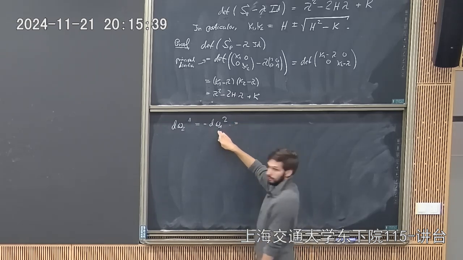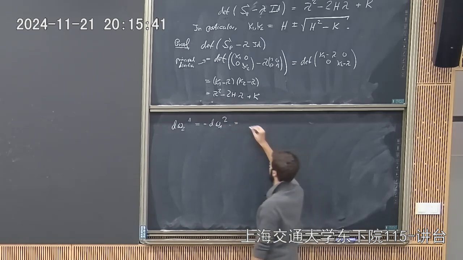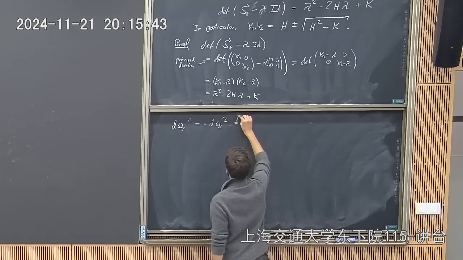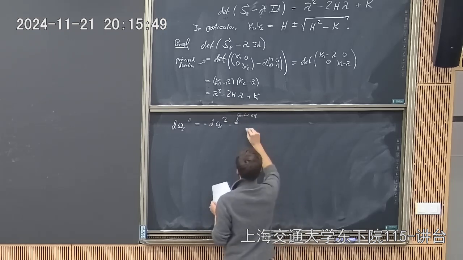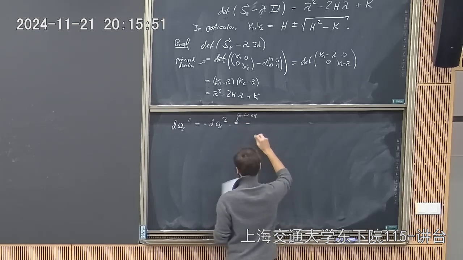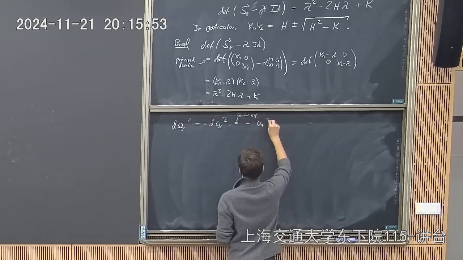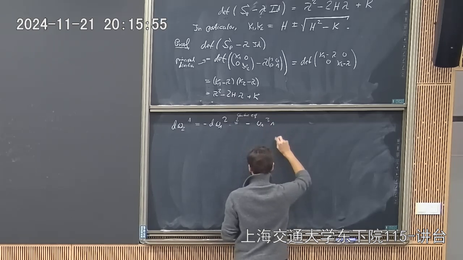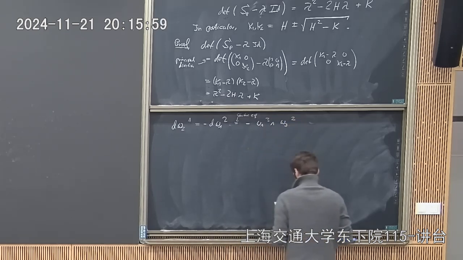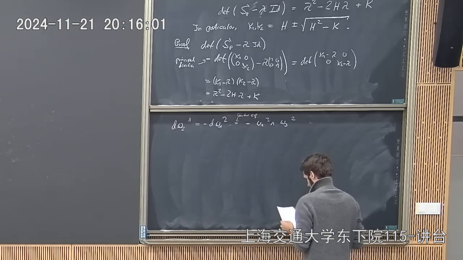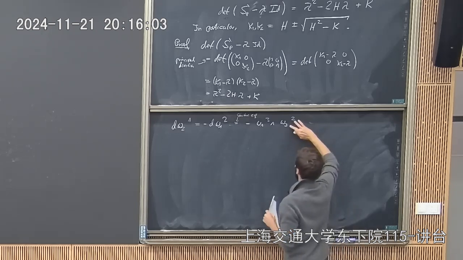Now we can use the Cartan structure equation to calculate this expression, and we end up with omega 1 3 wedge omega 3 2. And now we change again the index, and then we get rid of the minus sign.